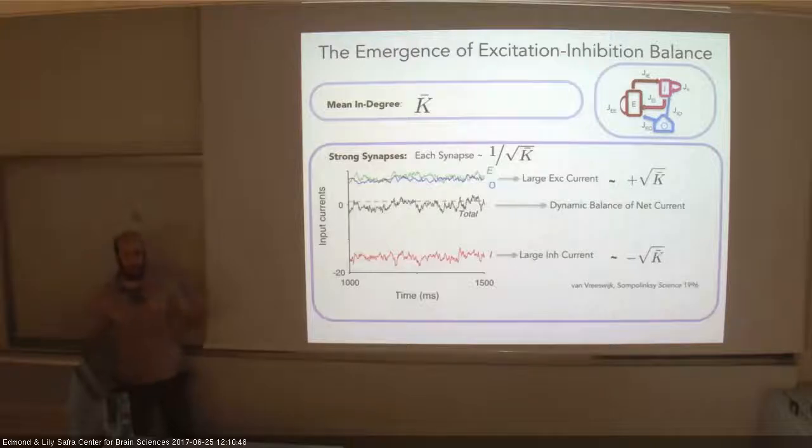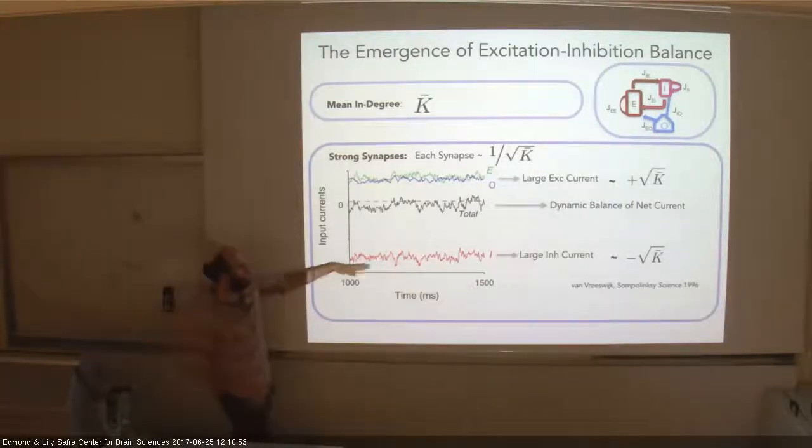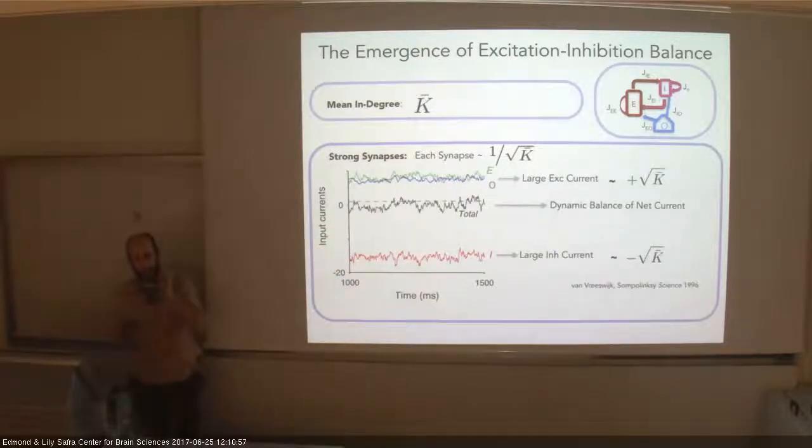And the result of that is that the residual fluctuations, which are small relative to each of these means, but after canceling the means, become the dominant force in the network, and they actually drive the firing. Any questions?